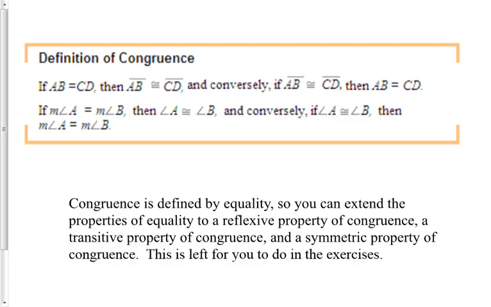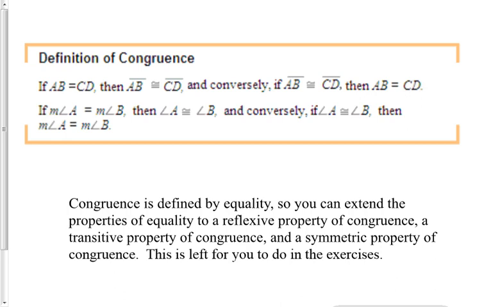Definition of congruence. Right? If AB equals CD, this is talking about the measurement, the distance from A to B, and the distance from C to D, because there's an equal sign, right? If AB equals CD, then segment AB is congruent to segment CD.